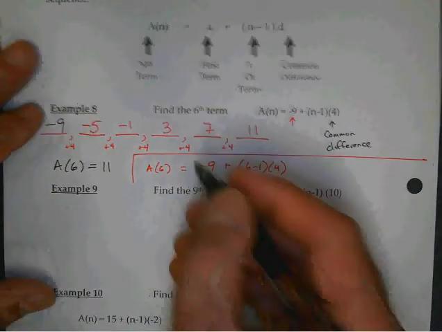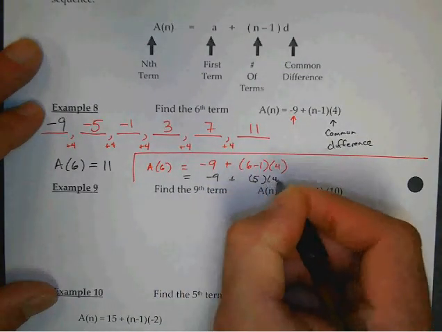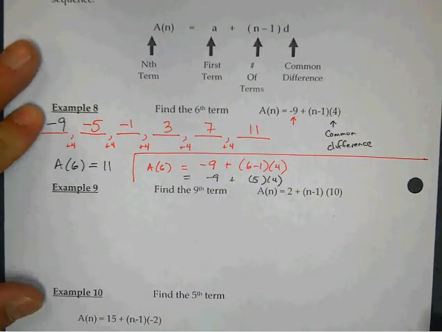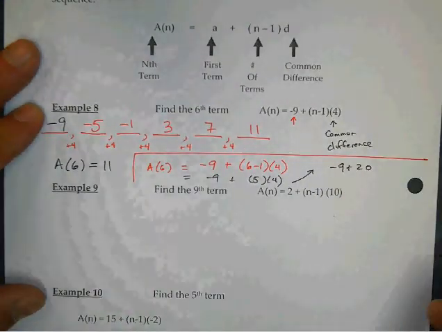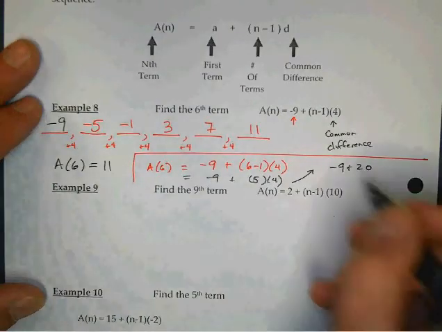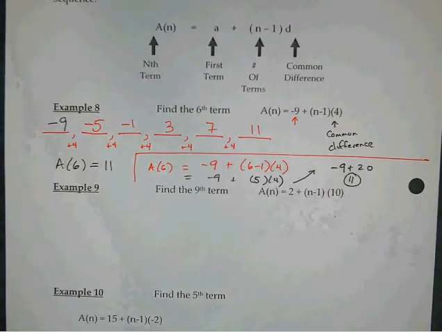So that gives me negative 9 plus 5 times 4. What's 5 times 4? 20. That gives me negative 9 plus 20. What's negative 9 plus 20? 11. Do I get the same answer? Yeah.